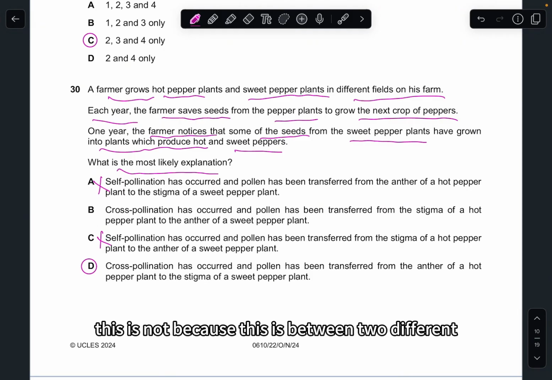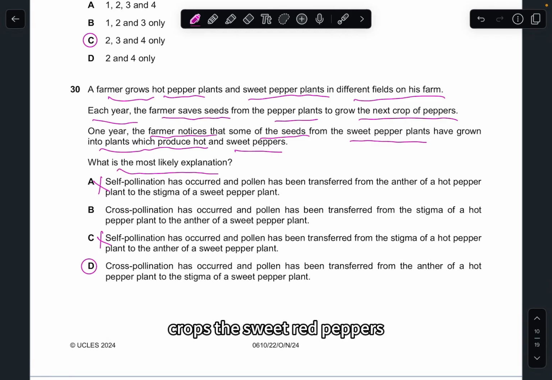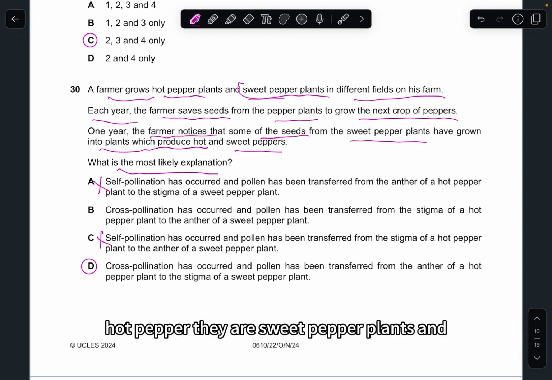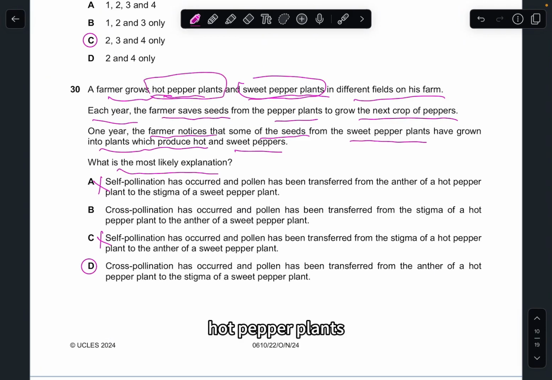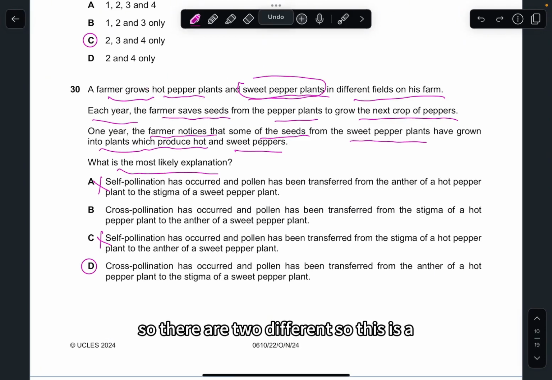So this is not, because this is between two different crops, the sweet red peppers and hot pepper. They are sweet pepper plants and hot pepper plants. So they are two different. So this is a cross pollination.